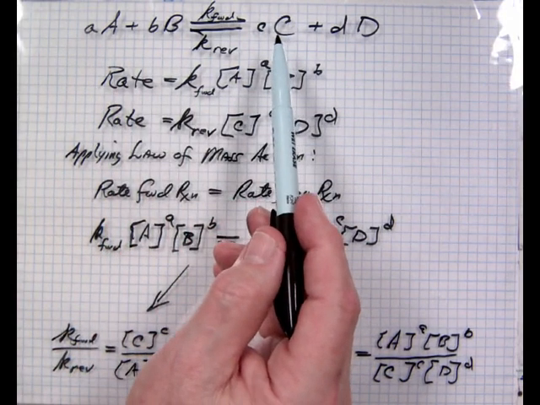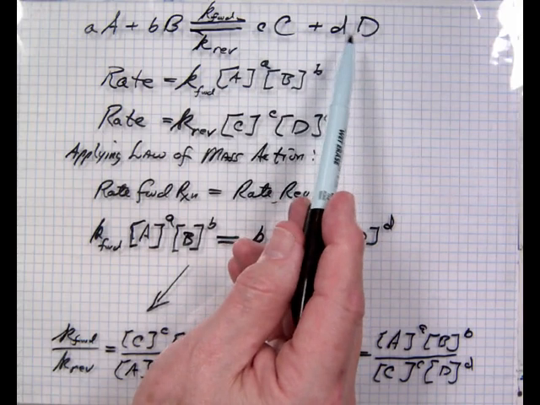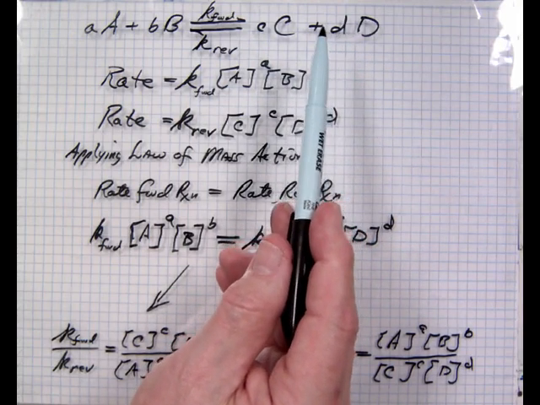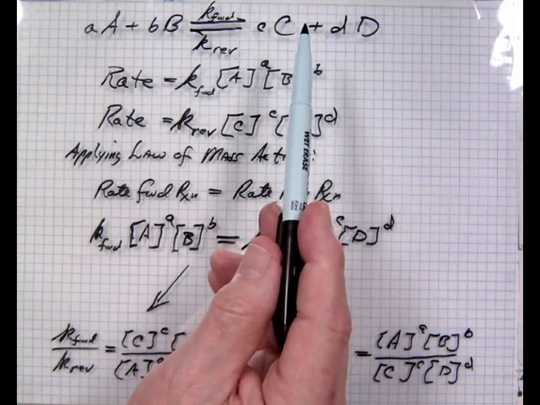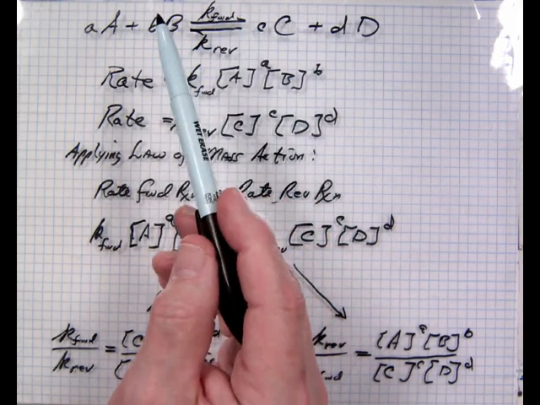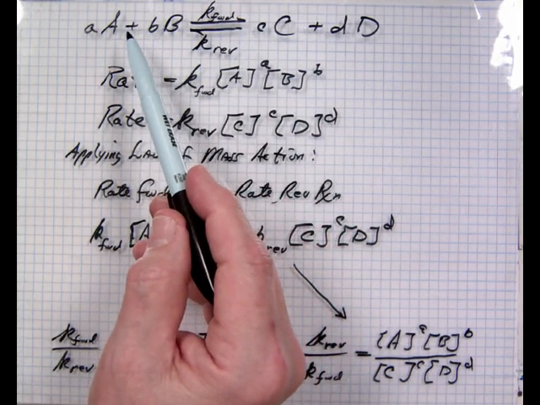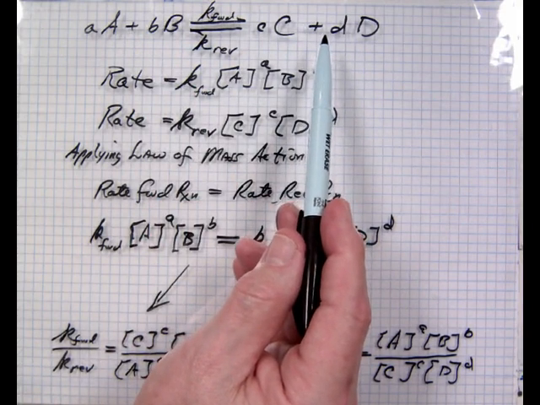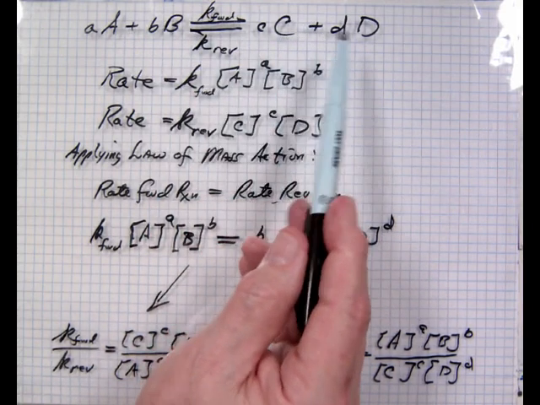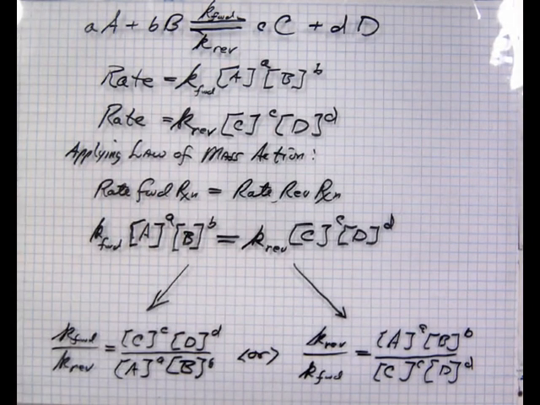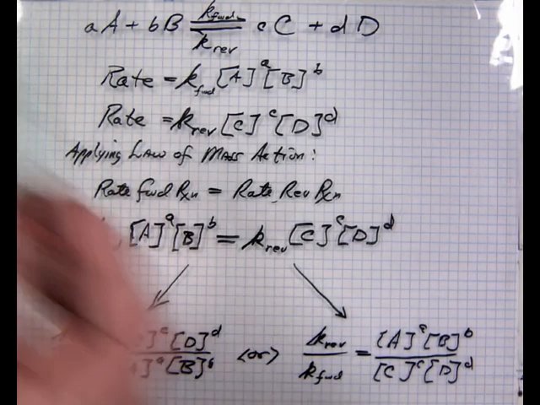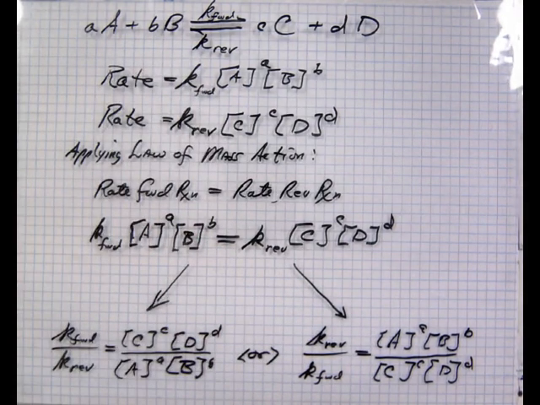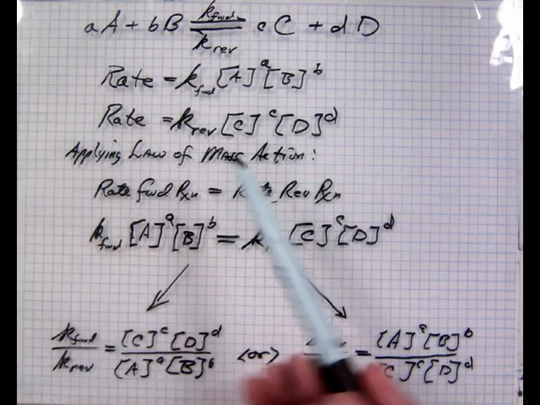If the concentrations of C and D are increasing, you're proceeding left to right. I'll say that again so everybody can understand me. If the reaction is proceeding left to right, the indicated forward direction, then C and D are increasing. Everybody good? What are A and B doing? Decreasing.